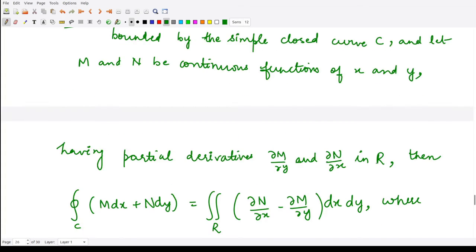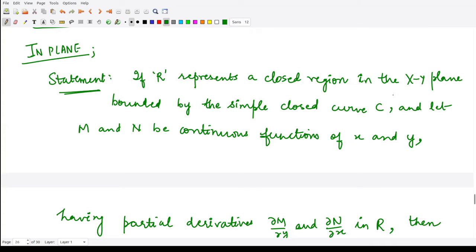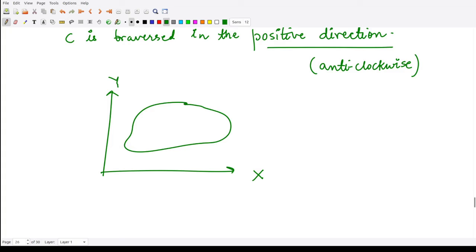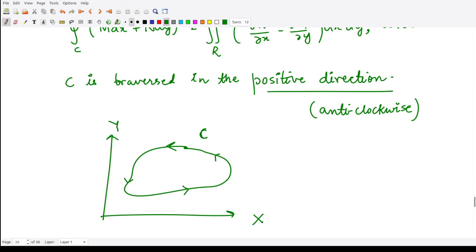So here we are given some region in the xy plane. Some curve C is also given to us. So suppose this is our x-axis, this is our y-axis. Some region here is given to us. Suppose this is the curve C. So here the direction is taken to be this anti-clockwise direction. Why? Because in this direction this integral is taken to be positive.